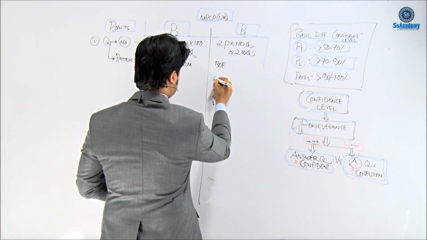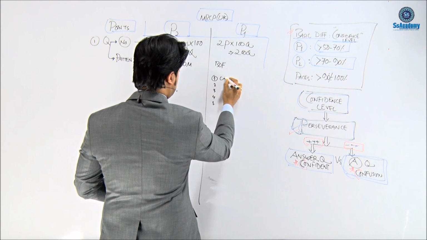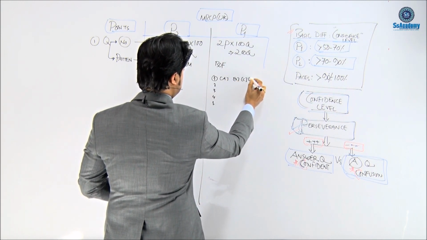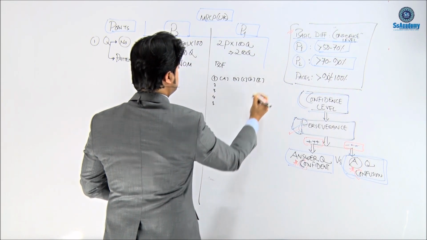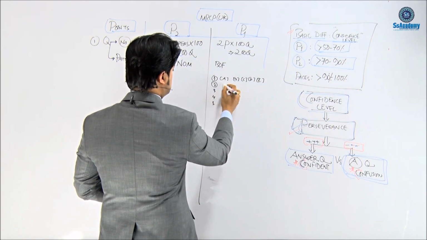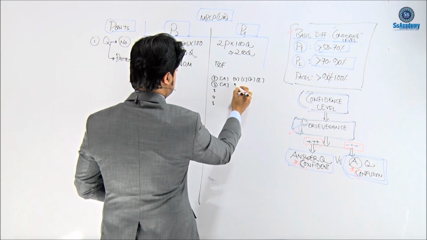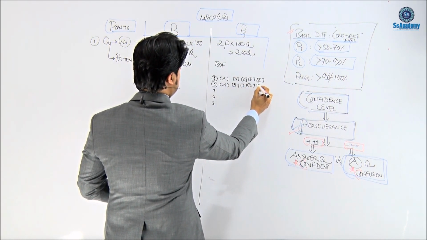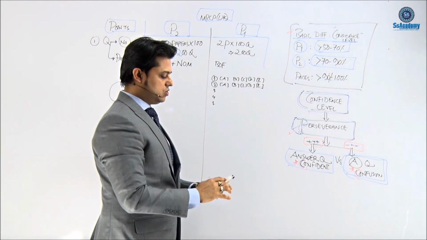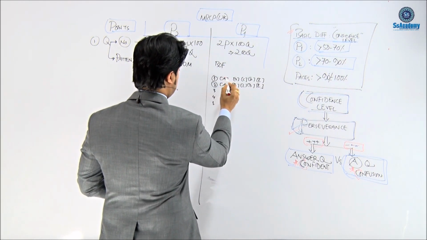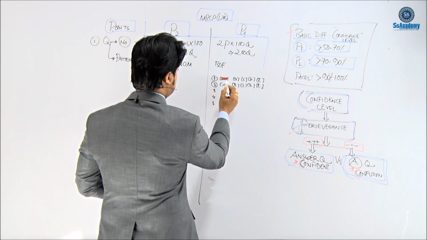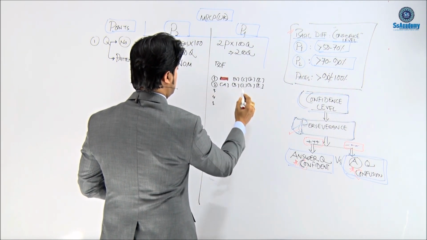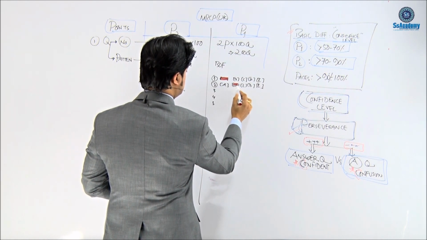Number 1 has the options A, B, C, D and E. Question number 2 has similarly A, B, C, D and E. So you choose the best answer, like A, then you have got the question number 1 answer. If there is a B option for question 2, you put B, like that.